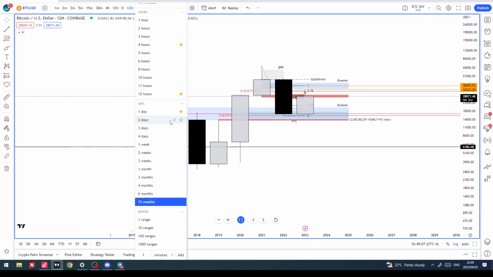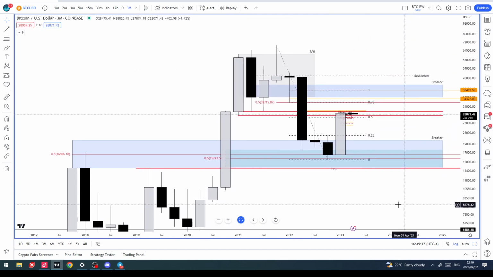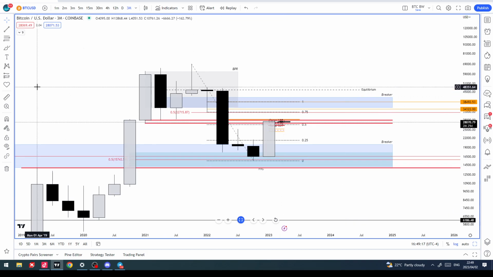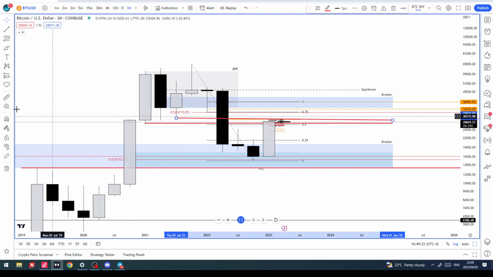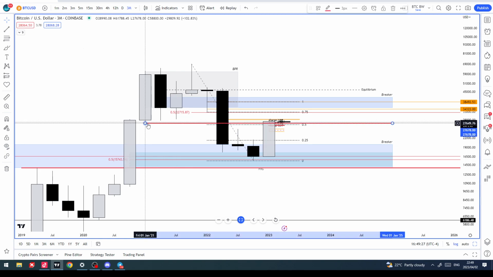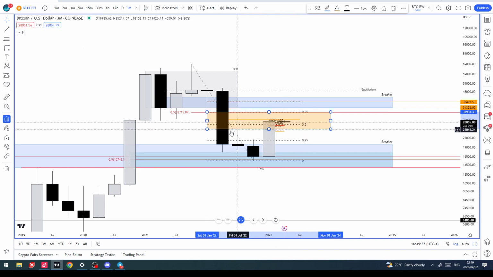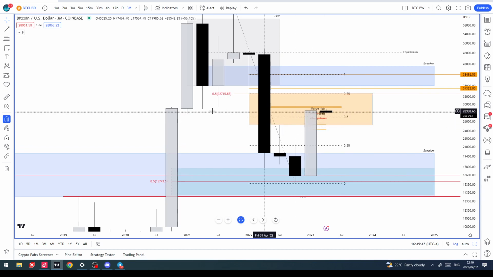Yeah, that'll be interesting. On a, here again, order block here, and we are in FVG as well, of a 3-month cycle. Let's have a look at where 50% of that is.